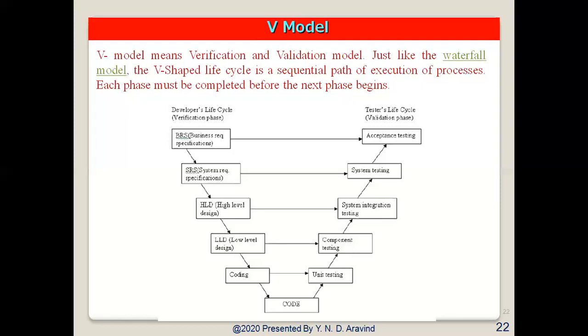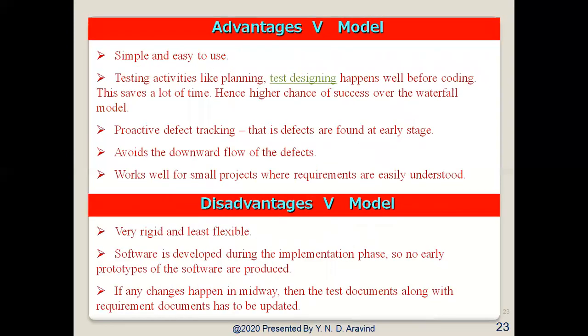Then coming to the advantages and disadvantages of the V model, it is simple and easy to use. Here the testing activities like planning and test design happen well before the coding. So this saves us a lot of time, hence a higher chance of success over the waterfall model.